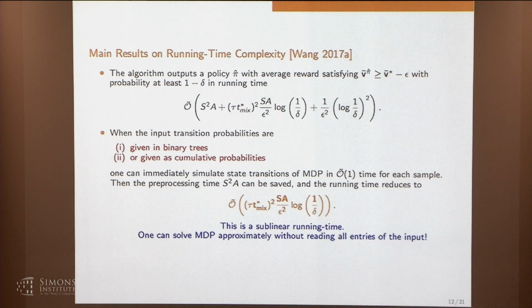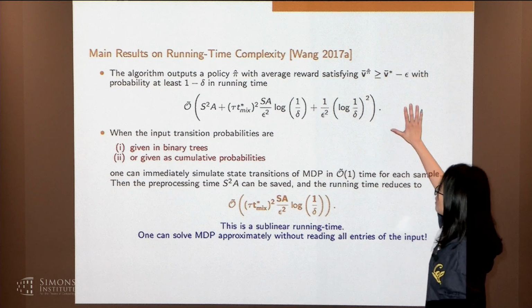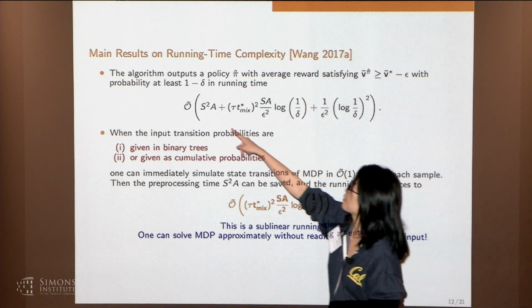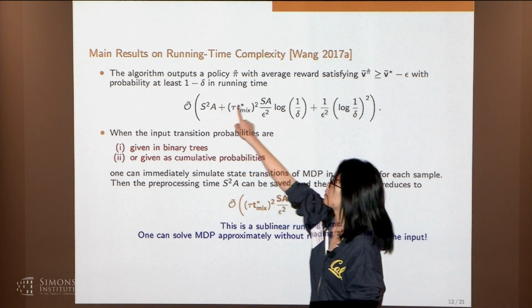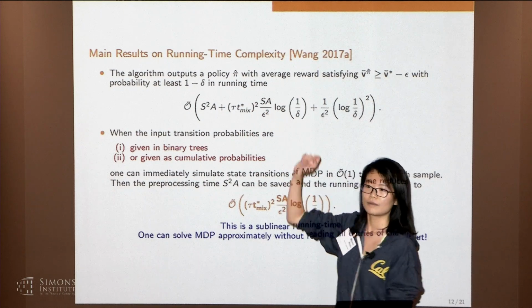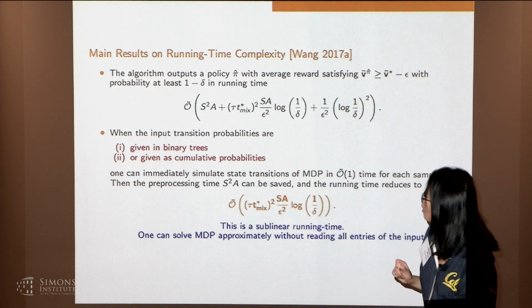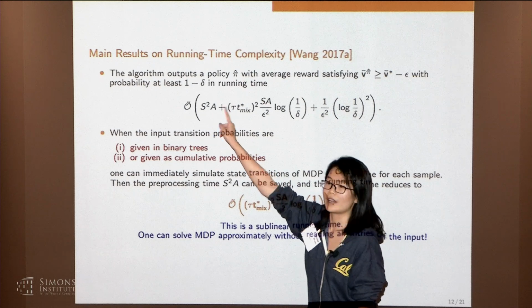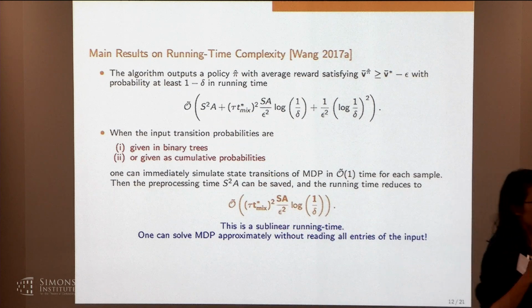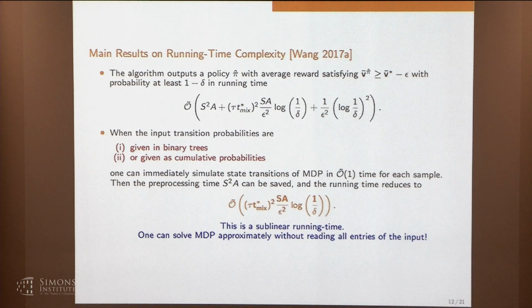And furthermore, if we look at this complexity, what we don't like is the first term, S squared A. So this is a linear term. This will be sublinear, right? However, it's possible that we get rid of this S squared A as long as the problem specifications are given in nice data structures. Because all I need is to be able to generate sample transitions of the decision process.